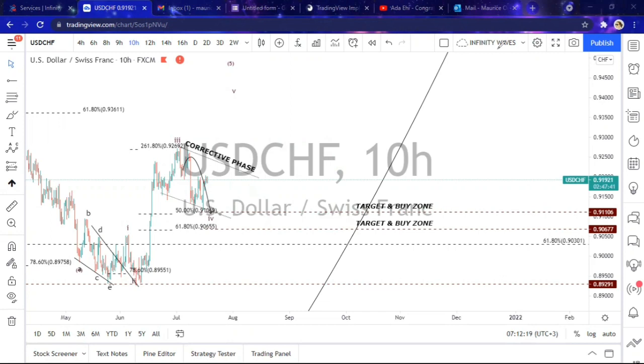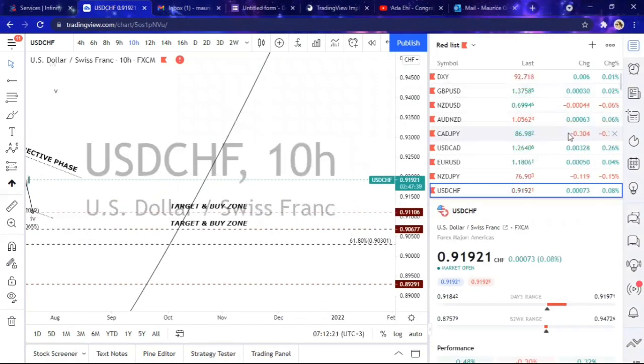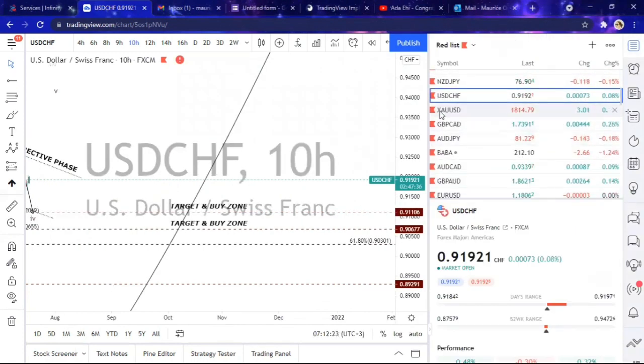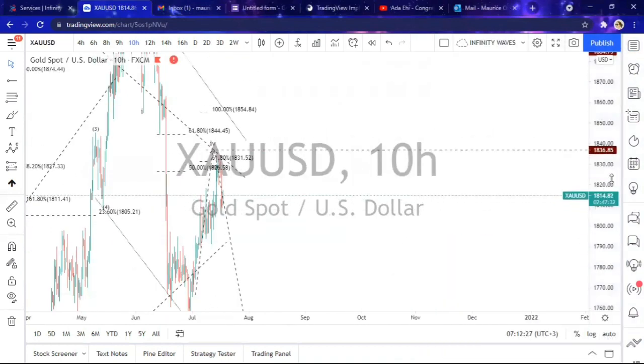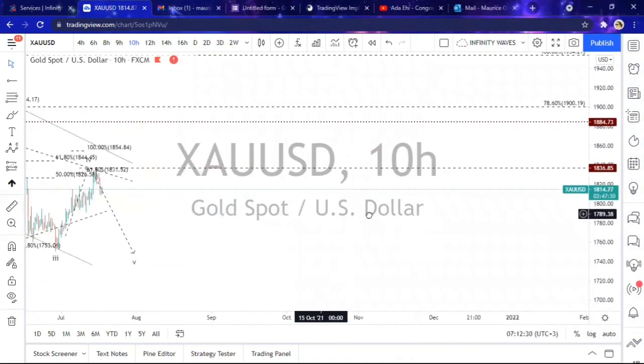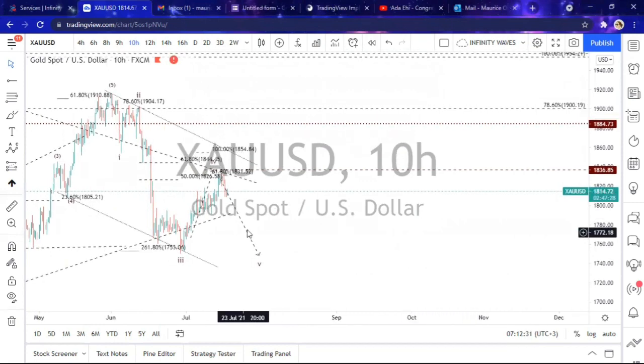For the next currency pair, gold. Gold, we did analysis for this sometime back. From our groups, we were waiting for this move to go up here, then drop down.